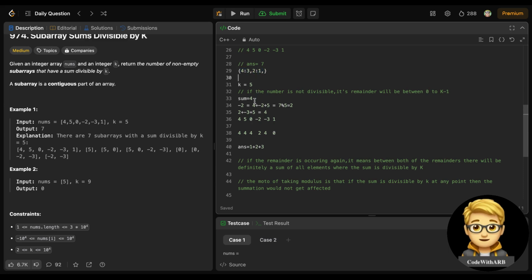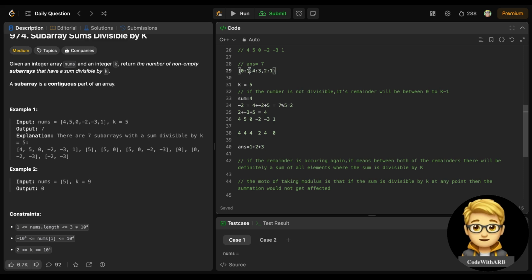But if you see, we have an array, this 4 5 0 minus 2 minus 3 1. If 0 is occurring, it means definitely we have a subarray which is divisible by 5. It means we just need to initialize 0 with 1 initially.